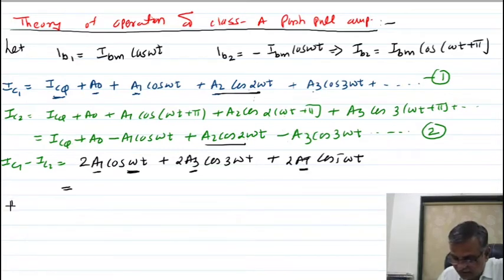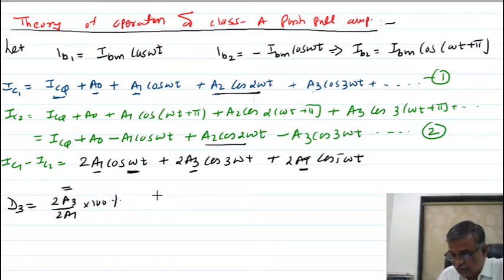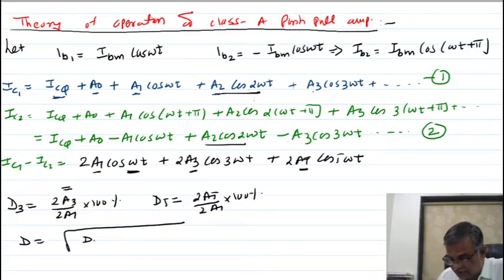As a result, you can write the third harmonic is given by this equation. Fifth harmonic is given by this equation. And overall harmonic distortion is given by this equation.